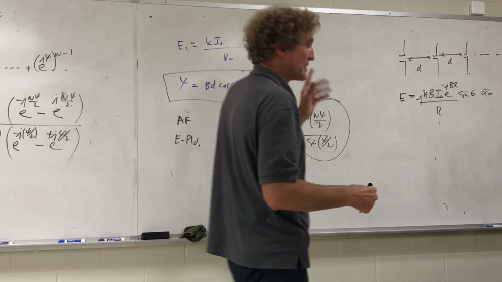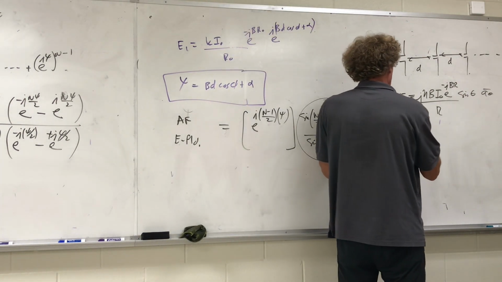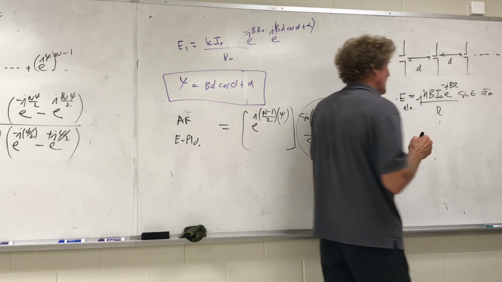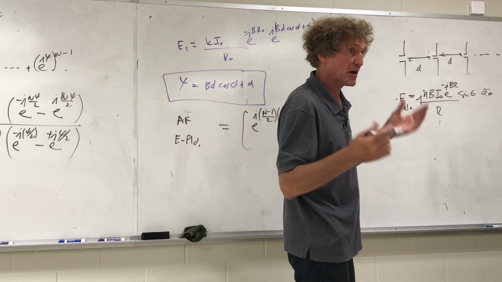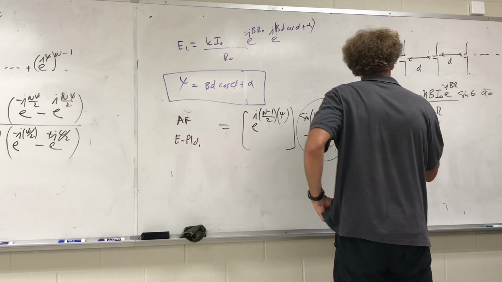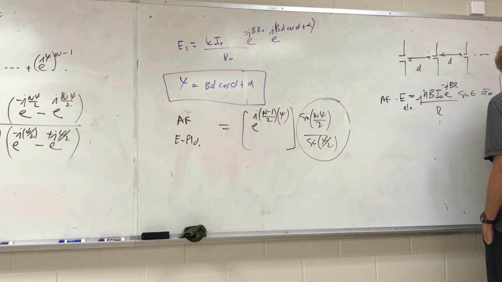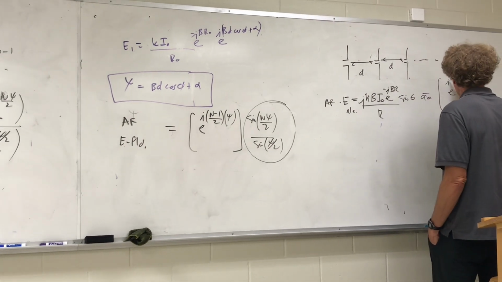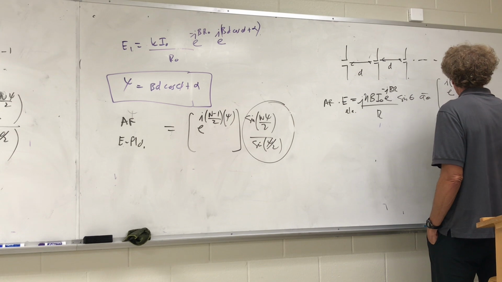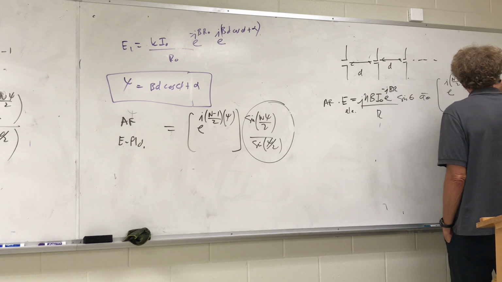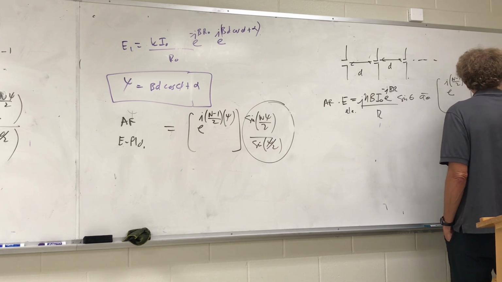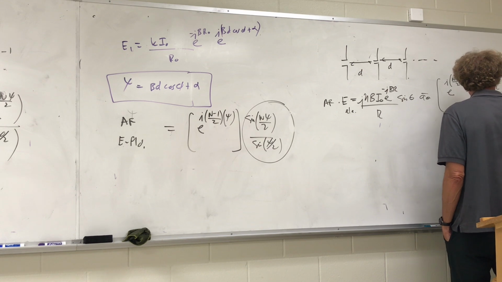If I have an array, this would be the element. Here's the element's pattern. Now, if I have an array of, say, it doesn't matter how many of them, when I multiply it by the array factor, it's going to be multiplied simply by e to the j of (n minus 1) over 2 psi, and then the sine of n psi over 2 divided by the sine of psi over 2.